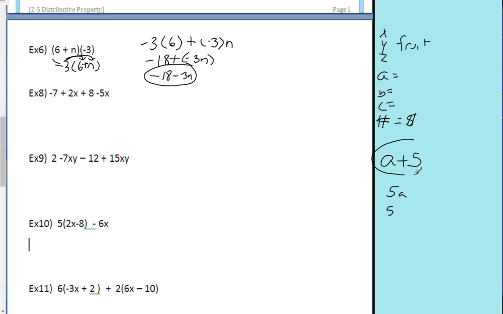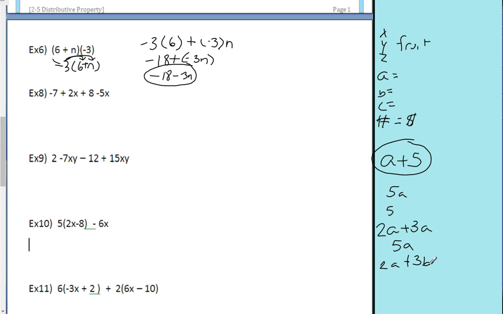You cannot simplify that. If I had, say, 2a plus 3a, I can add these because now what am I saying? 2 apples plus 3 apples. 2 apples plus 3 apples make 5 apples. I can add them. 2 apples plus 3 bananas. 2a plus 3b.